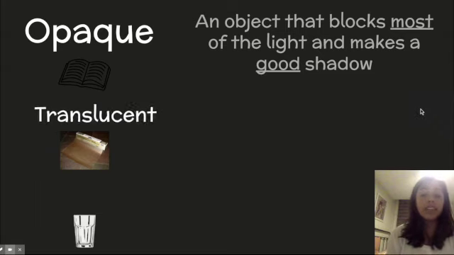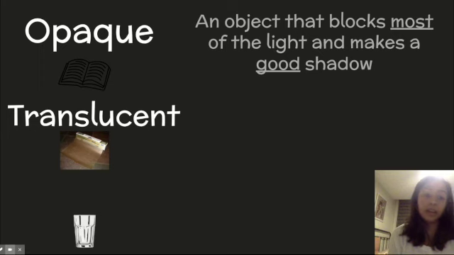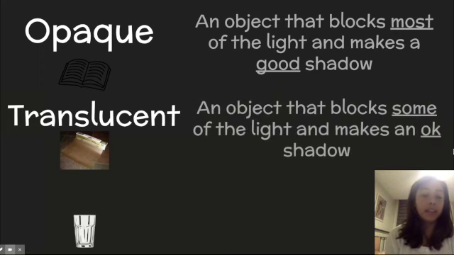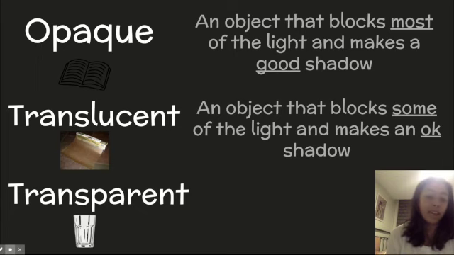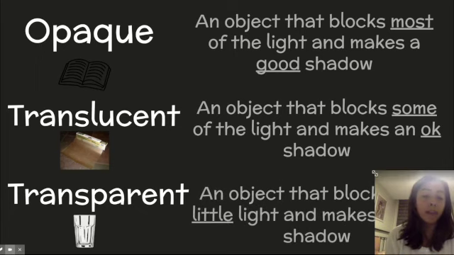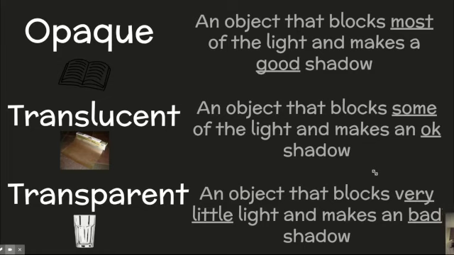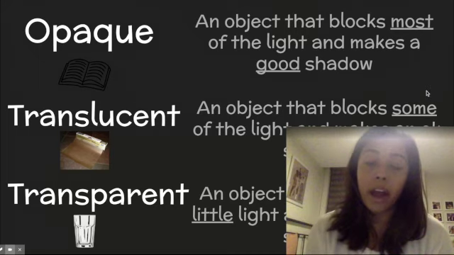We also learned that there are translucent objects. Translucent objects are objects that block some of the light and make an okay shadow. And finally, we learned that there are transparent objects. Transparent objects are objects that block very little light and make a bad shadow.